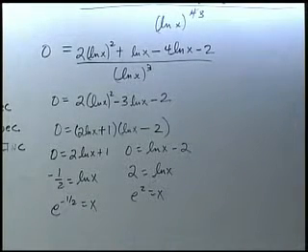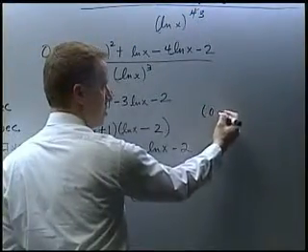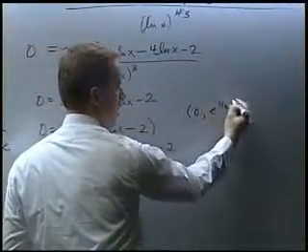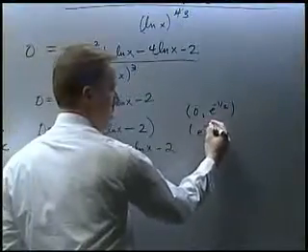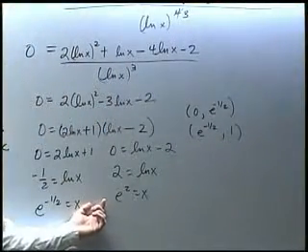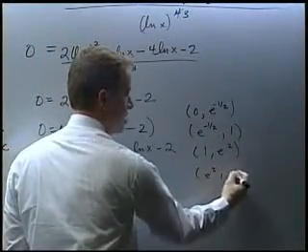Now, at this stage, I would set up my intervals: 0 to this number, then from this number to 1, because 1 is still a critical number from before, 1 to this number, and this number to infinity.